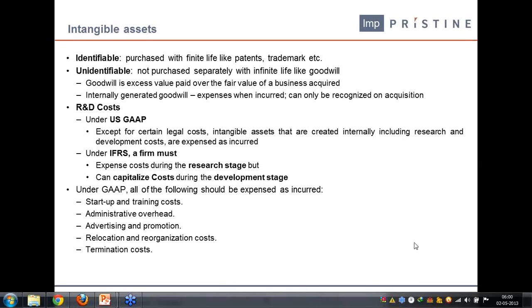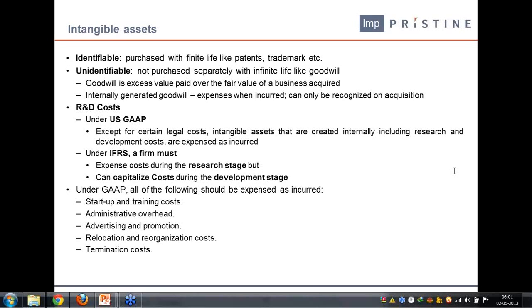Internally generated goodwill is, say, your company, when you value it in the market, say it is 5 lakhs, and a company is thinking of an acquisition, say it values your company at 7.5 lakhs, so the difference of 2.5 lakhs will be the internally generated goodwill.